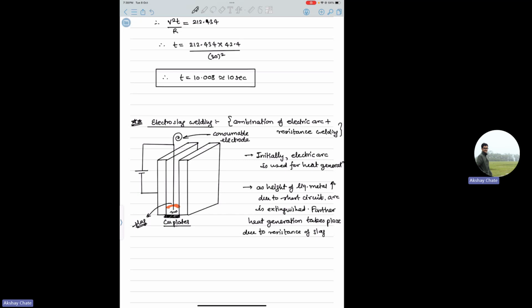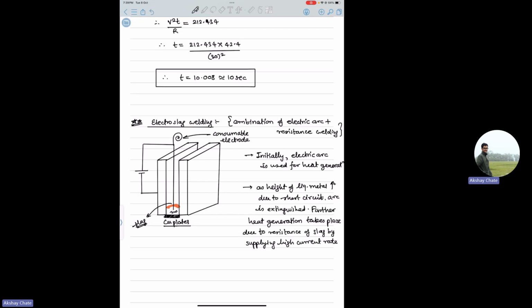This slag layer will have some resistance, right? So once the arc gets extinguished, you supply high rate current. This slag resistance acts as your resistance in case of resistance welding. So initially it is electric arc welding, but after a point it becomes resistance welding.